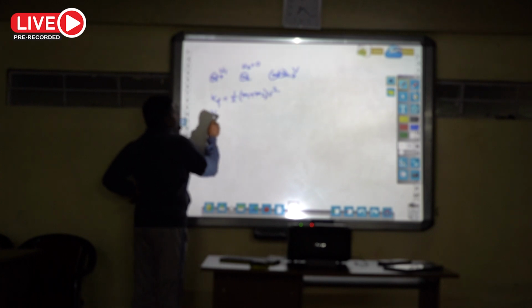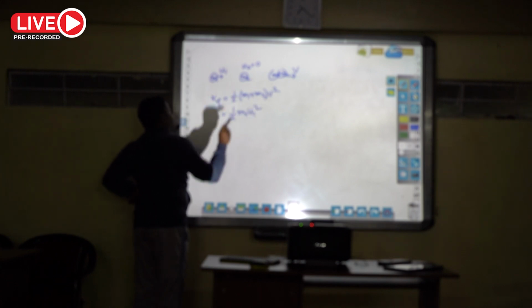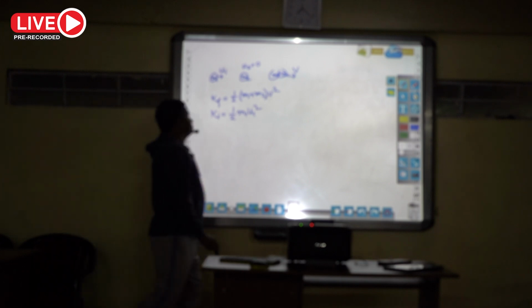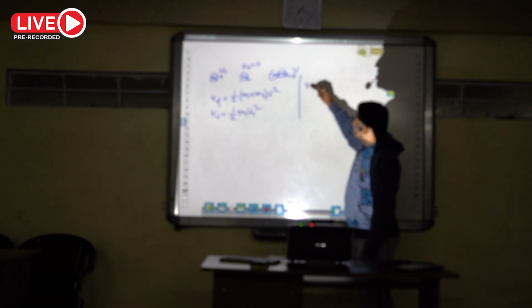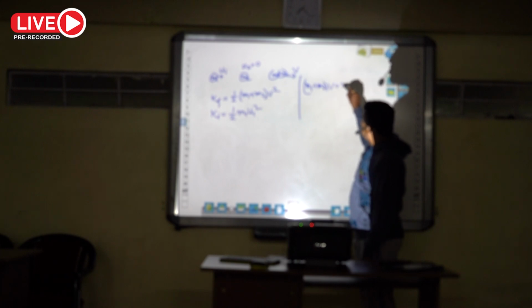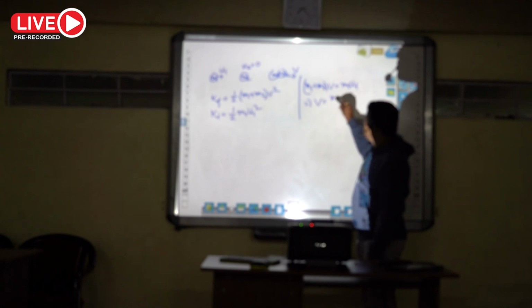Initial kinetic energy will be half m1 u1 square, right? Now, what is v? We can calculate v from conservation of linear momentum: (m1 plus m2) v equals m1 u1, so v becomes m1 u1 divided by (m1 plus m2).